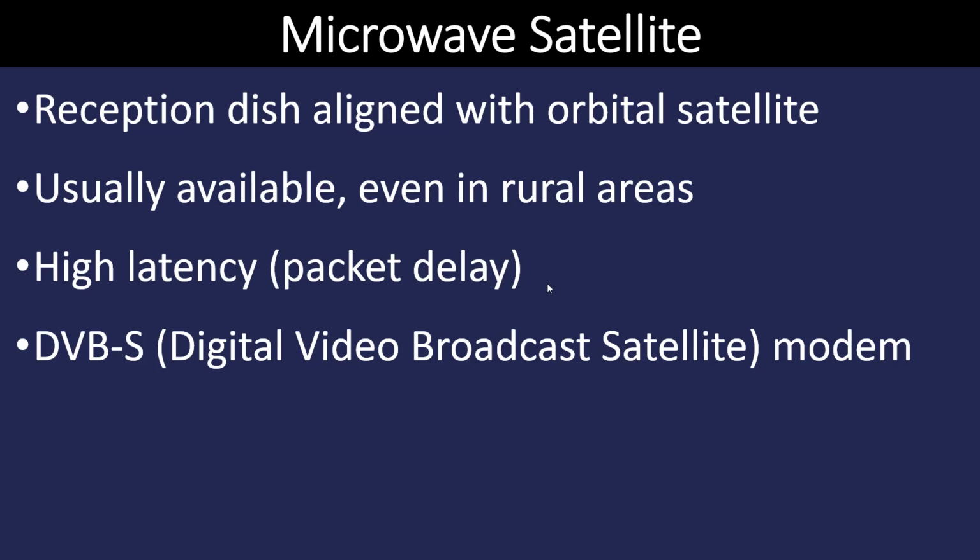The problem is that because the satellite and the satellite dish are so far apart, you have high latency, which means it takes a long time, in computer terms, between when you send a request and before it comes back. For many things, it really doesn't matter. For browsing websites, it's a little bit annoying, but when you start doing video conferencing and trying to play games with this, it doesn't work out very well.